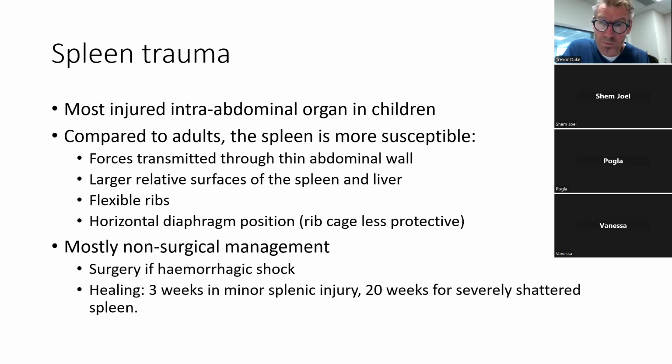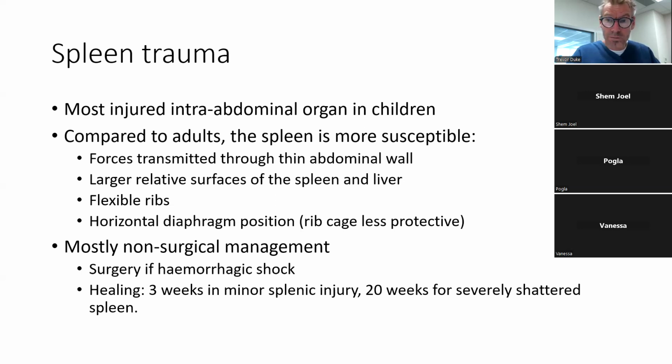Children are much more susceptible to splenic injury than adults. Adults are quite well protected by their fairly stiff rib cage, whereas children have a compliant rib cage, and also because of the way the diaphragm sits, the spleen tends to protrude out a little bit more and be more prone to intra-abdominal trauma.